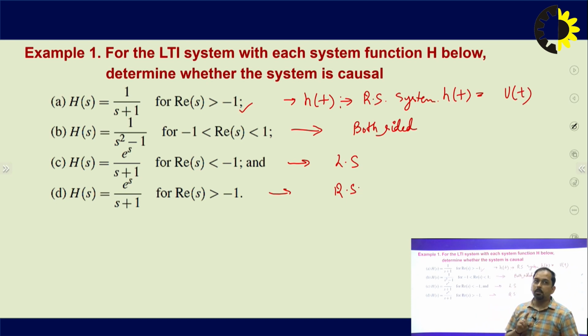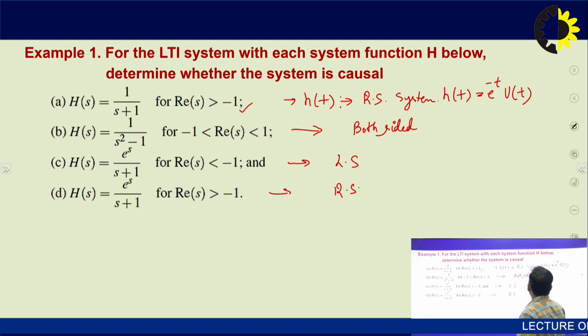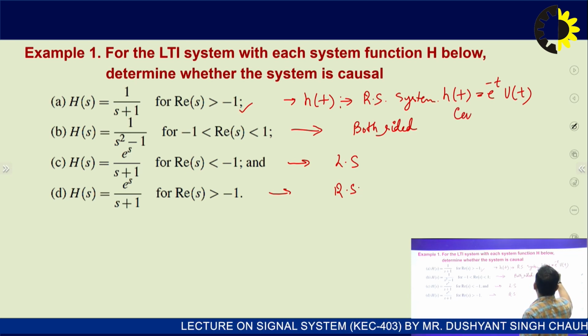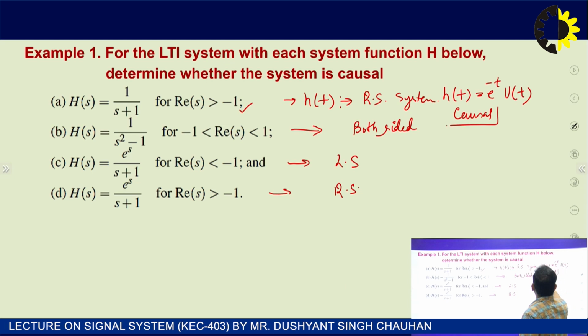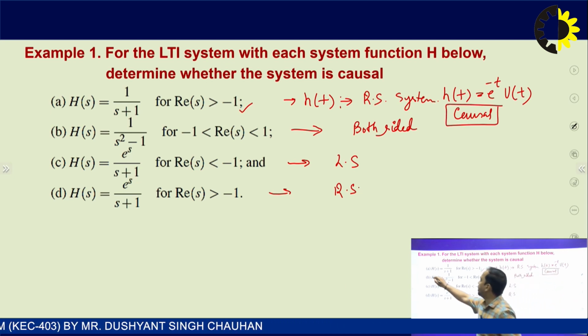The property is shifting in the s domain, so with s naught equal to 1 we get e raised to power minus t u(t). This is stable and causal. So the first one is definitely causal.